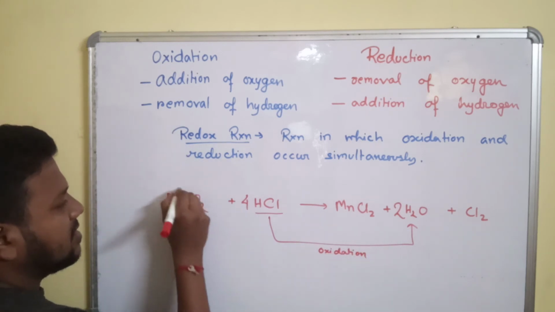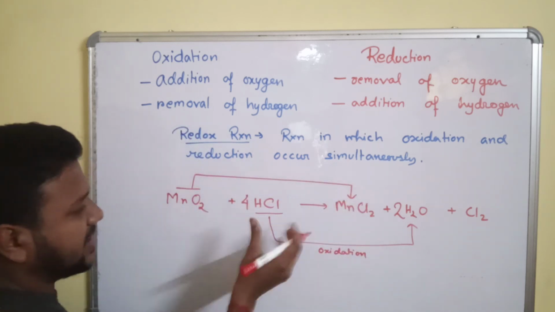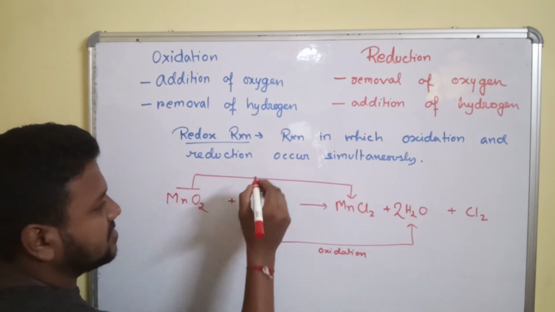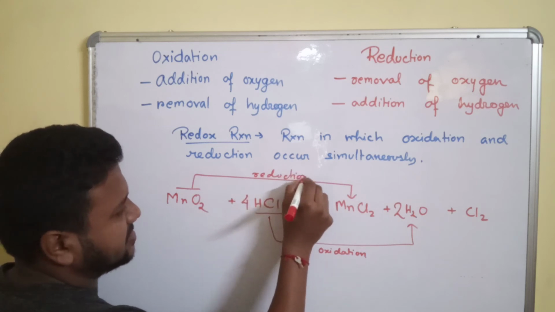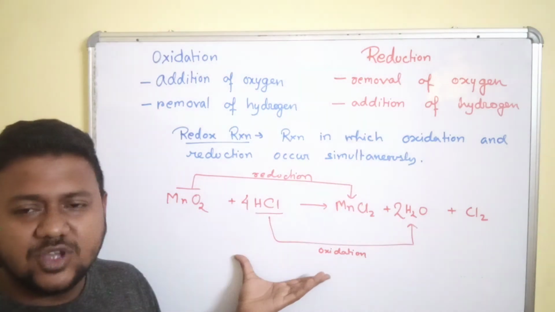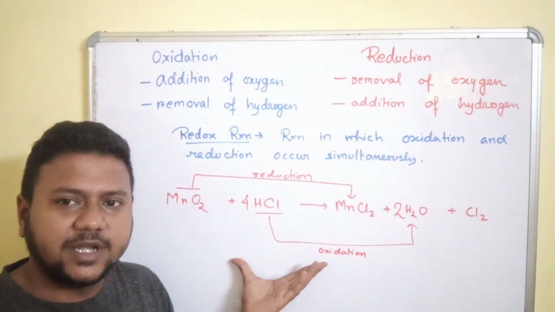From here to here, what will we find? We will find the removal of oxygen. So it is called reduction. Clear? So like this, you have to practice more and more redox reactions and point out the oxidation and reduction.